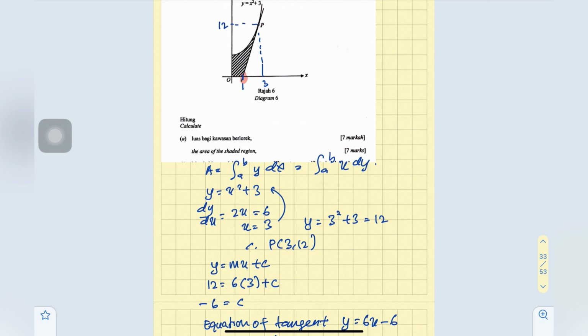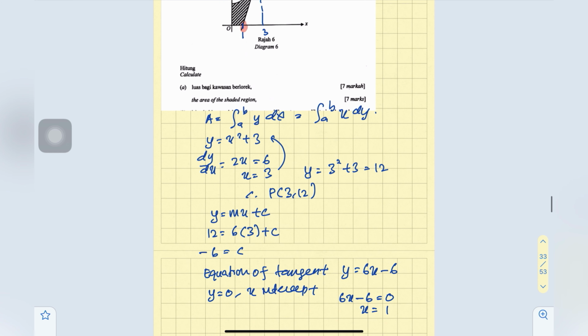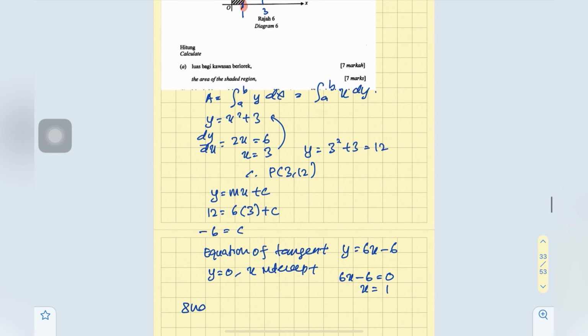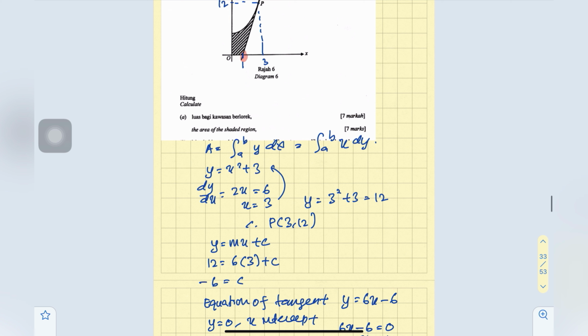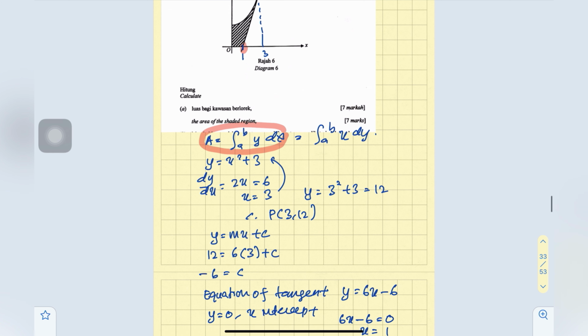Next we can find the area of the shaded region. Since we have the area under the graph, and we have a lower limit, we can use this formula, the integral of y dx.